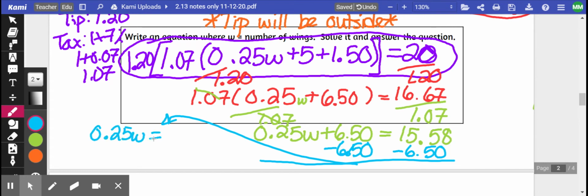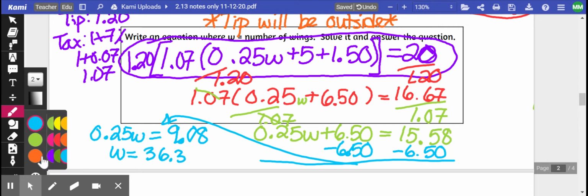So if I subtract 6.50, I get $9.08. And then take that divided by 0.25. And I get 36.3, which we're going to always round down. So I get 36 wings.